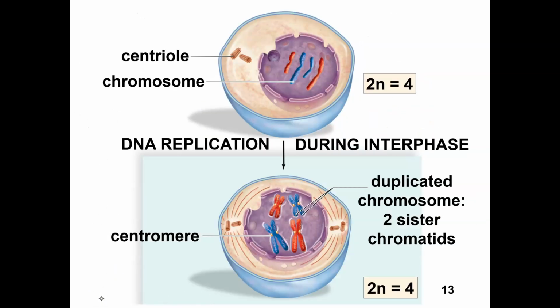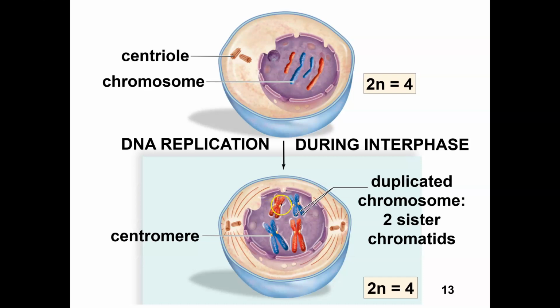And so here you see, again, a cell with 4 chromosomes. They used red and blue as well, because those are just easy to see separately. And then each of those chromosomes in S phase, during the synthesis phase of interphase, they get replicated and they're held together.